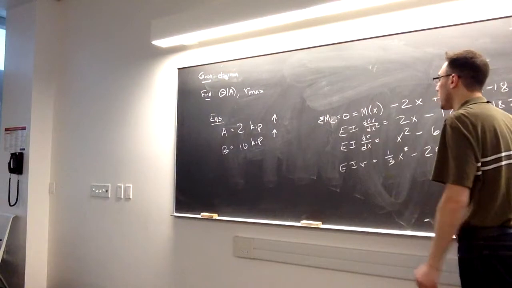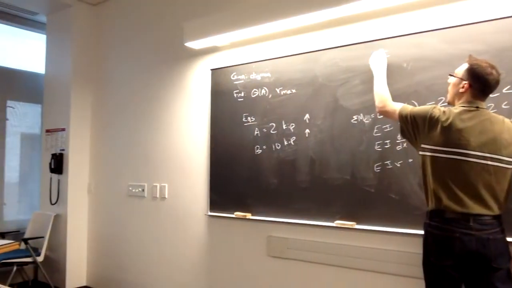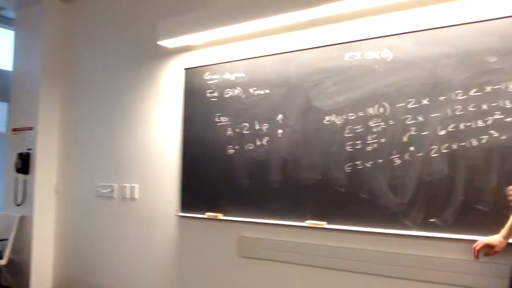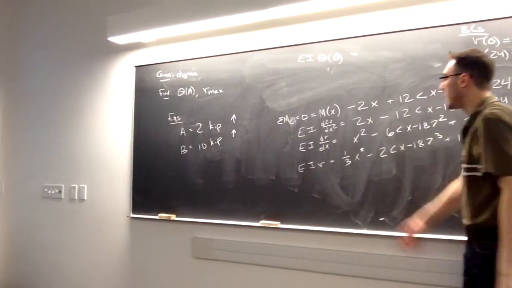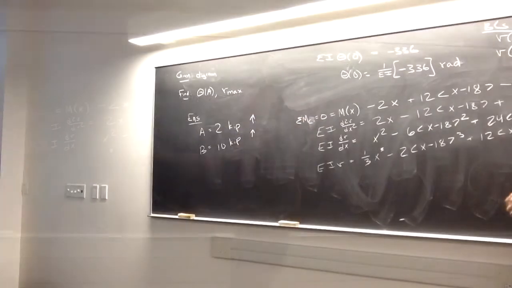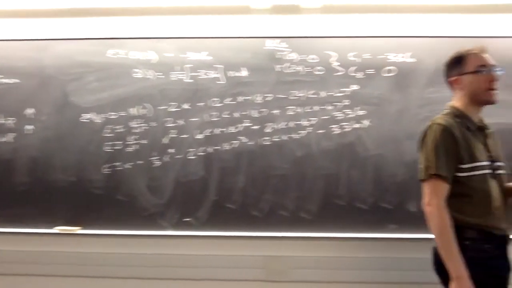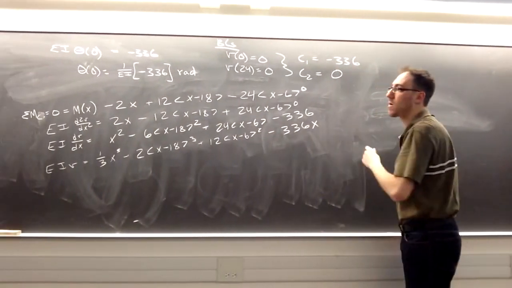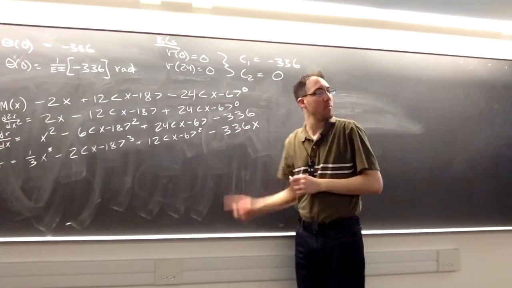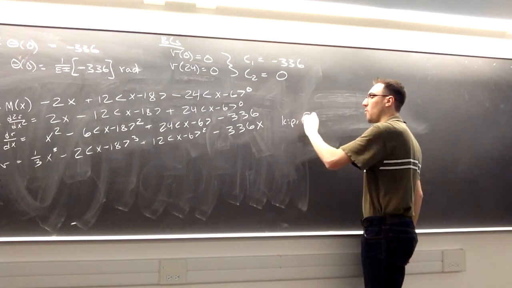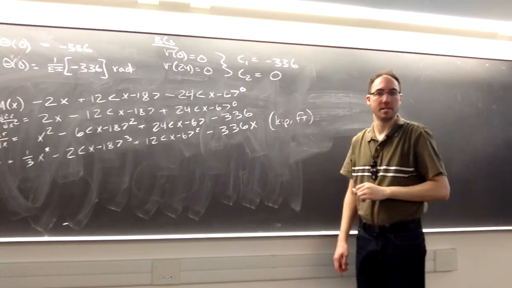We have this slope equation, so we know that EI times the slope at A, located at x equals 0, is going to equal the slope equation evaluated at x equals 0. And the slope will always be given to us in radians by default. We should have noted here that with these numbers, we were working in kips as our force and feet as our distance.